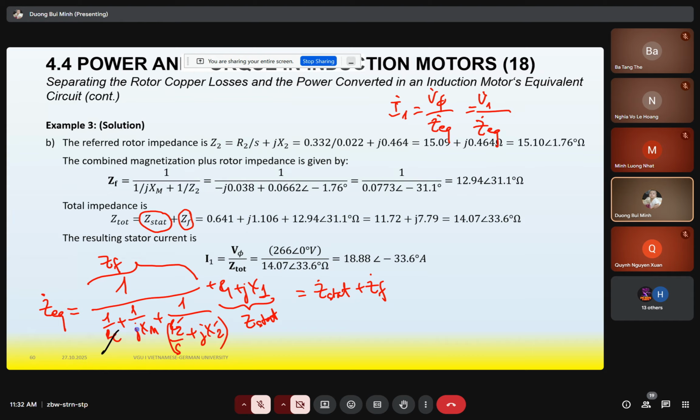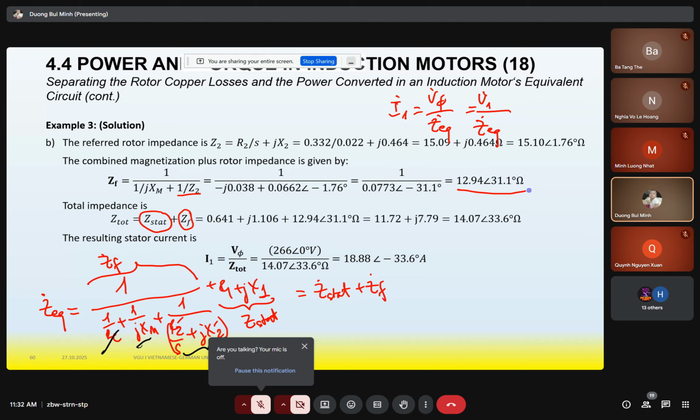We don't have RC, so skip RC. So you get 1 over jXM plus 1 over Z2 over s. This one is Z2, so finally you can get ZF.